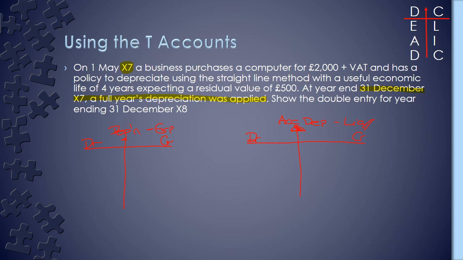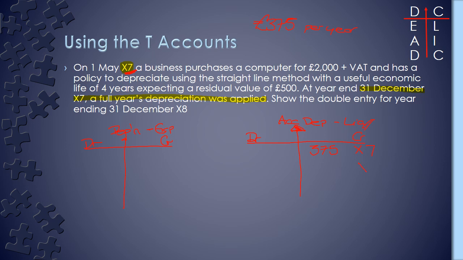So we know that because we applied a full year depreciation in the first year, it's our 375 per year, because we've already calculated that. We're already going to have in our accumulated depreciation account, in our statement of financial position, £375, because that is from the first year.